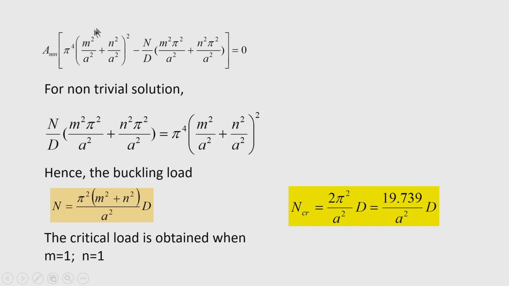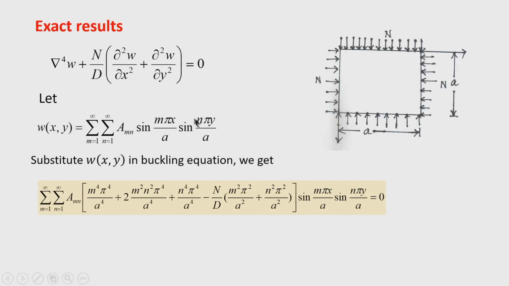So, I can simplify this expression like that: A m n equal to pi to the power 4 times m square by a square plus n square by a square, because it is a square plate, so minus N by D times m square pi square by a square plus n square pi square by a square, because a square plate is taken.